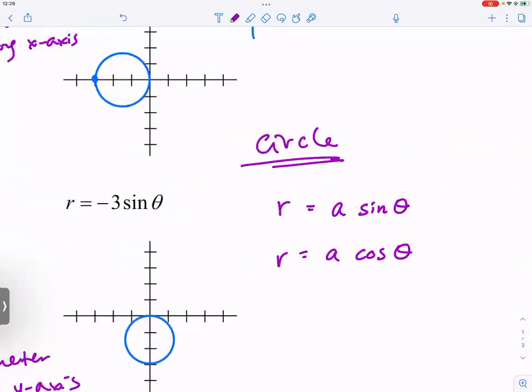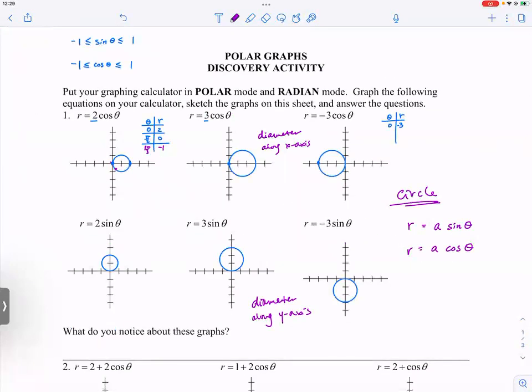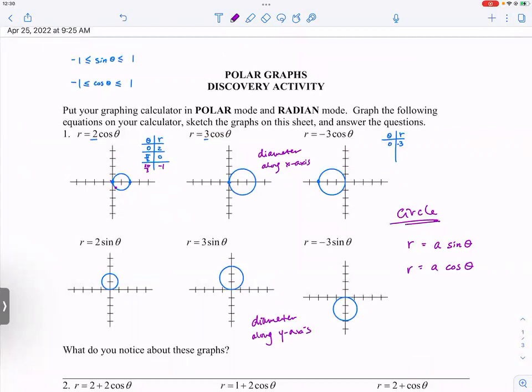If it's cosine, then you know the diameter will align on the x-axis. They all pass through the origin. It's just a question of where their diameters align.